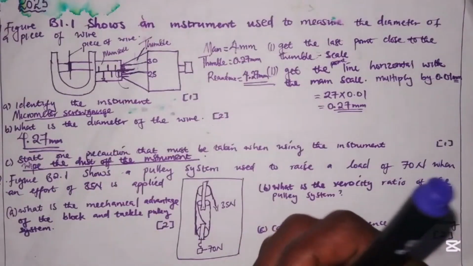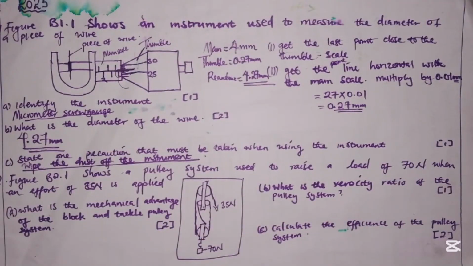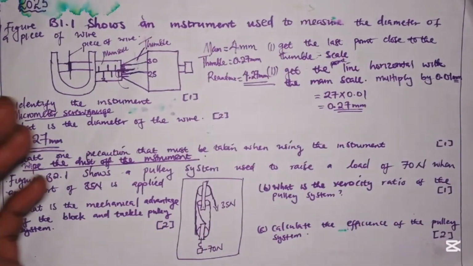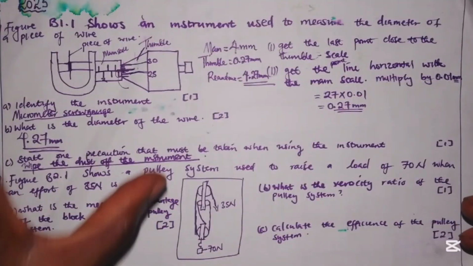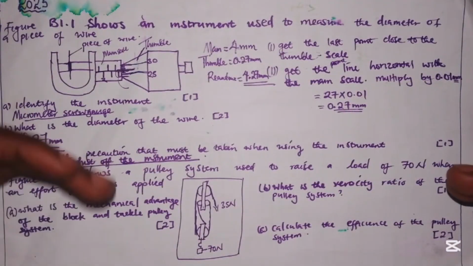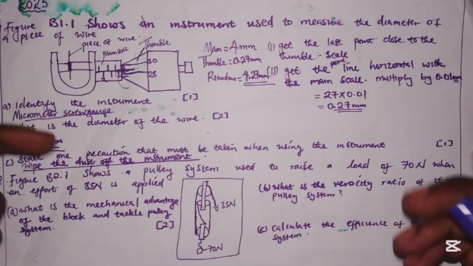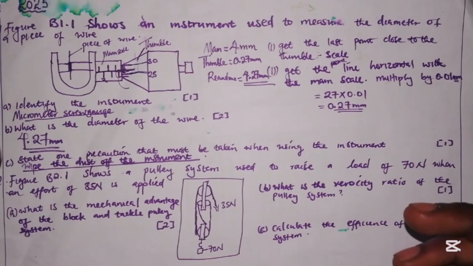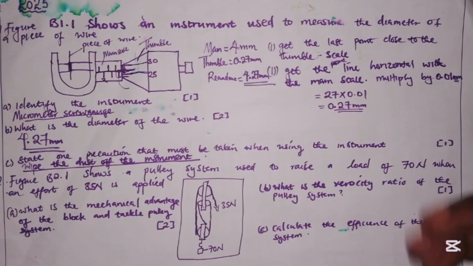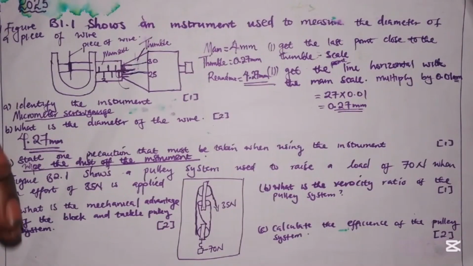Then we multiply it by 0.01. So this is how you can solve a question on micrometer screw gauge. So don't worry, we have another question which covers the vernier caliper. So you can see how you can both solve the vernier caliper and the micrometer screw gauge.